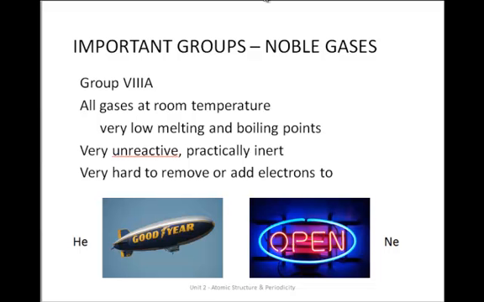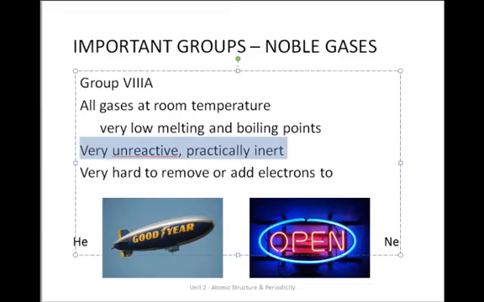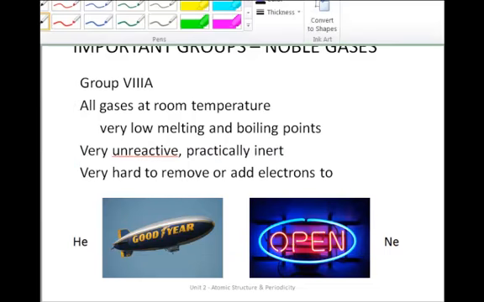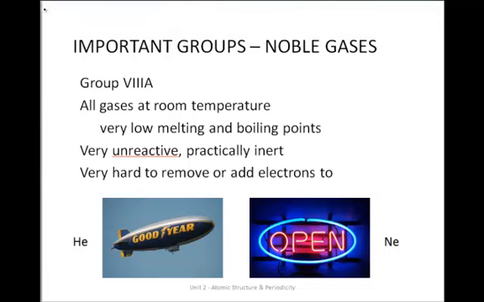And a very important note is that they are all very unreactive, or inert is another word for that, meaning that they do not react with any other elements or any other molecules under even the most extreme experimental conditions. It's very hard to remove or add electrons to the noble gases.